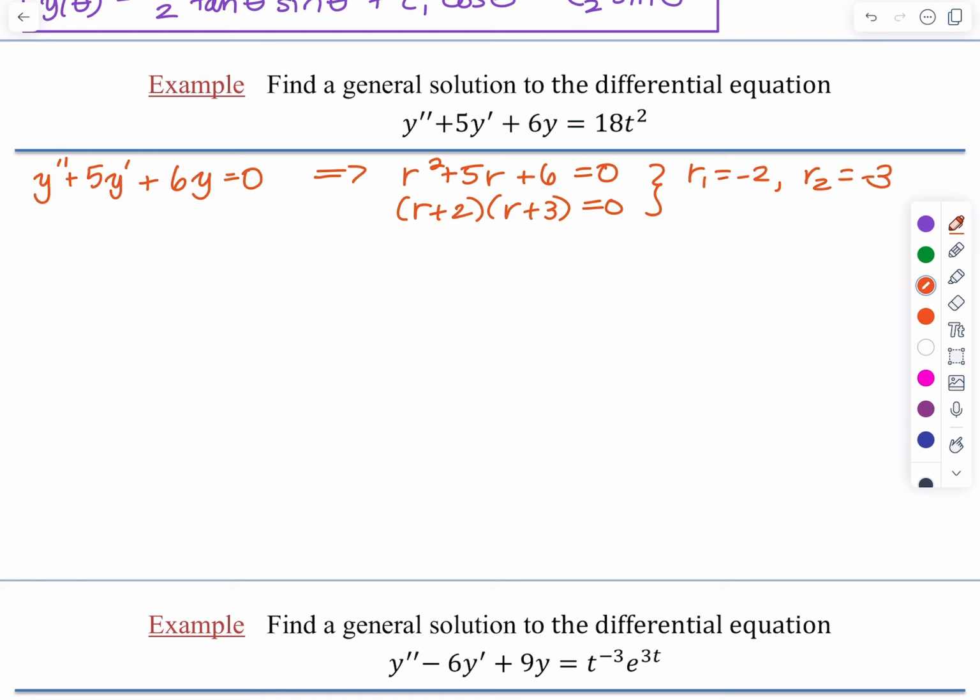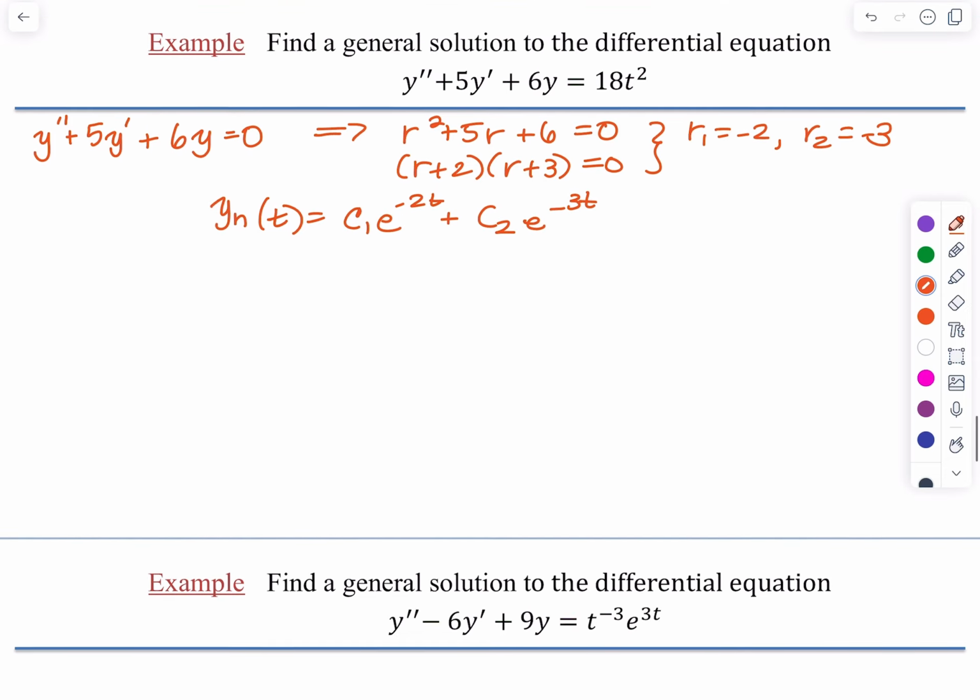So a general solution to the homogeneous equation is y h of t is equal to C1 e to the negative 2t plus C2 e to the negative 3t.